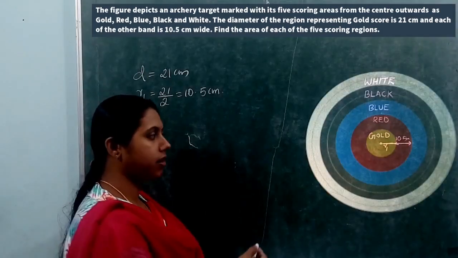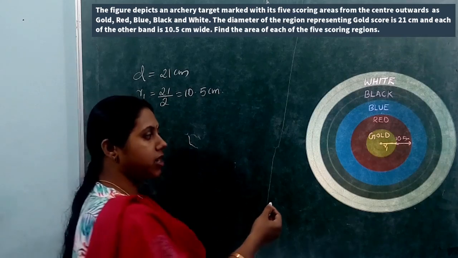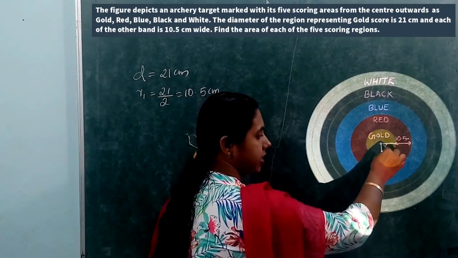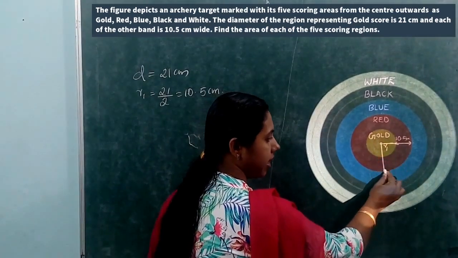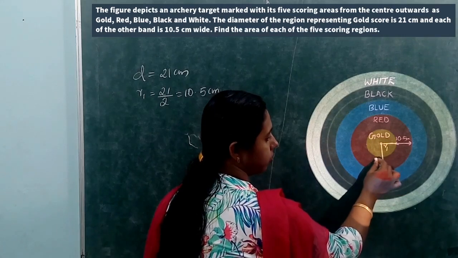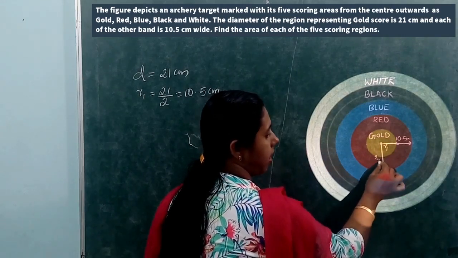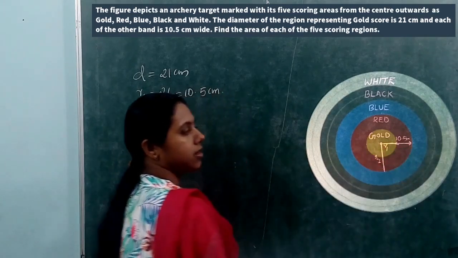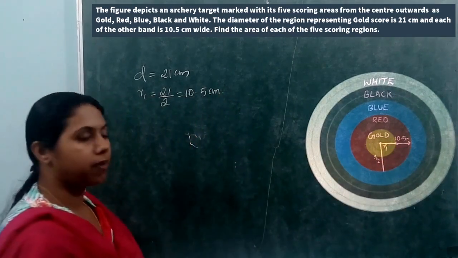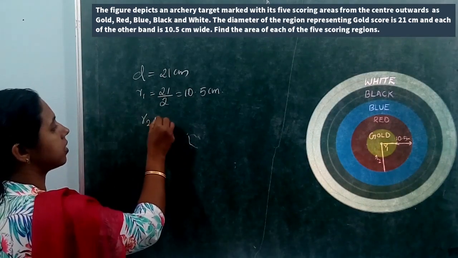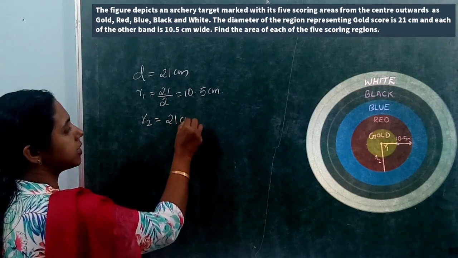The radius of the region, gold and red, we can represent as R2. R2 is equal to 10.5 plus 10.5, that is equal to 21. R2 is equal to 21 centimeter.